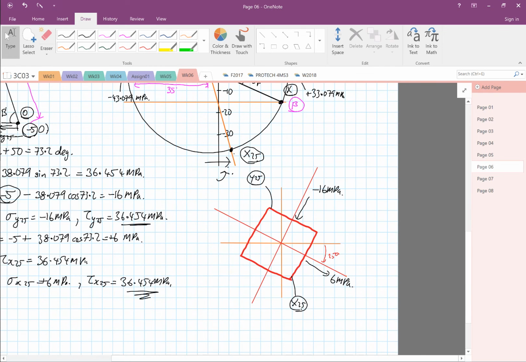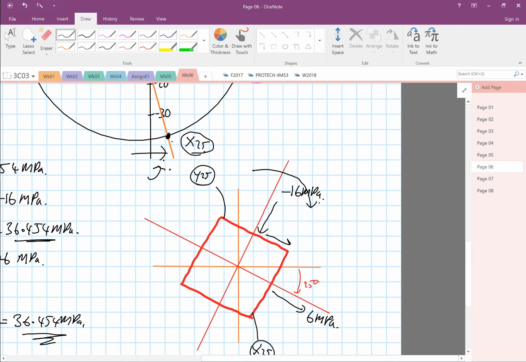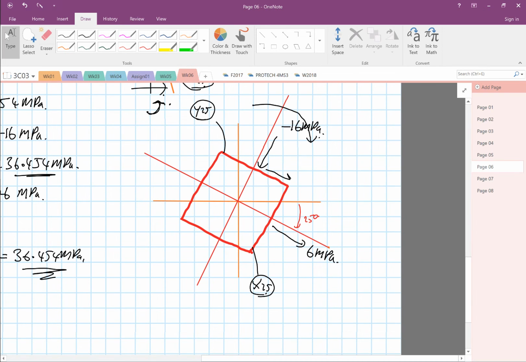So Y25 rotation is clockwise. For the element to rotate clockwise, the shear stress has to be coming down here. If you look at X25, the element rotation is anti-clockwise, so this arrow has to be from here.